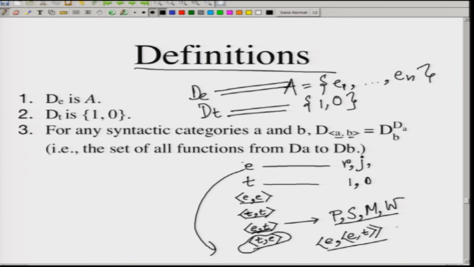For example, eats, loves, because there are 2 things, right? One E and another E, and then finally the truth value. We will see how these work. What about this T to T? It takes a T and returns a T. For example, the sentential, what you call this, logical operator neg is a T to T thing. It takes a T, it returns a T.